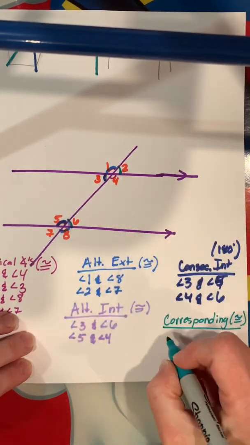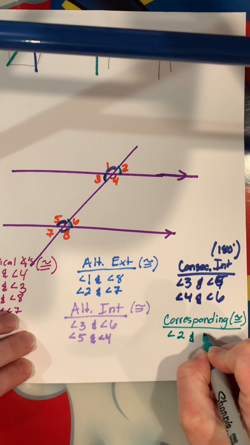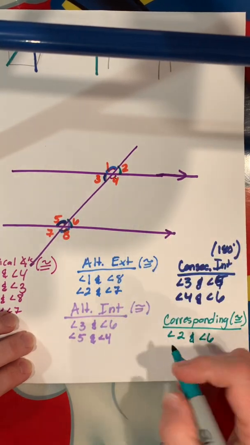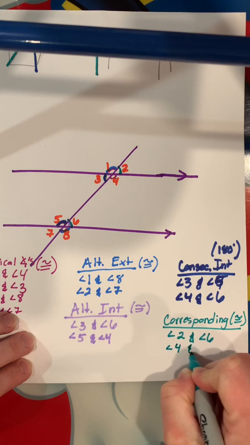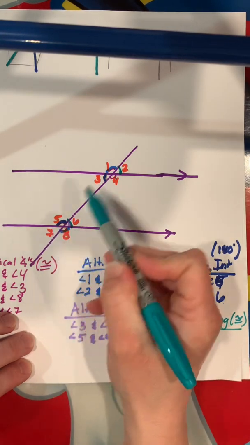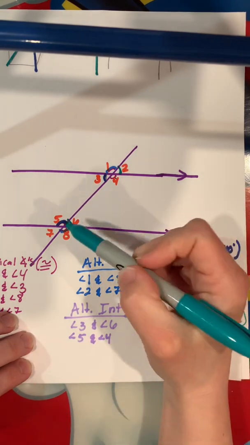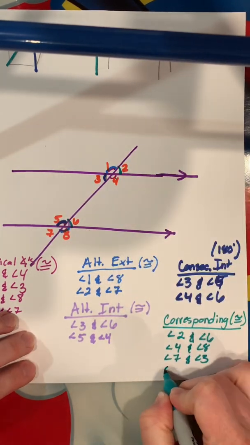So angle 2 and angle 6. We actually have 4 sets of these. Angle 4 and angle 8. We have angle 7 and angle 3. And angle 5 and angle 1.